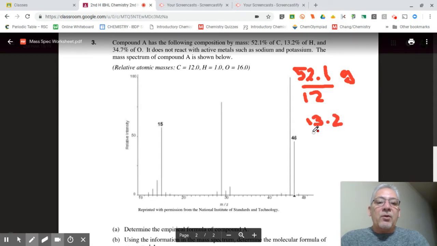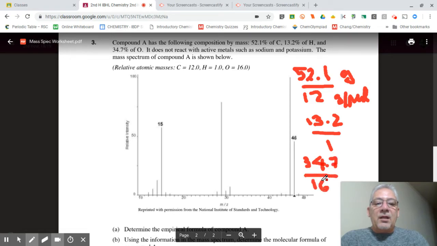I will divide that by 1. That will be the gram over gram per mole, so that will give me the number of mole for each one. And the oxygen will be 34.7 divided by 16. That will also give the number of mole of oxygen.